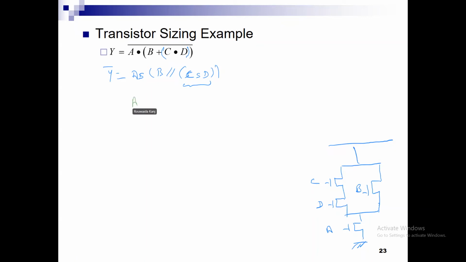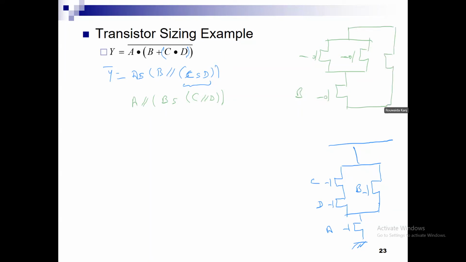So it will be A parallel to B series with, keeping the precedence, C parallel to D. So I will start with C parallel to D, and this will be in series with B, and all of these will be in parallel to A. So I always start from the innermost block: start with C parallel to D, then make it in series with B, then make them in parallel to A, and this will be between VDD and ground and the output.